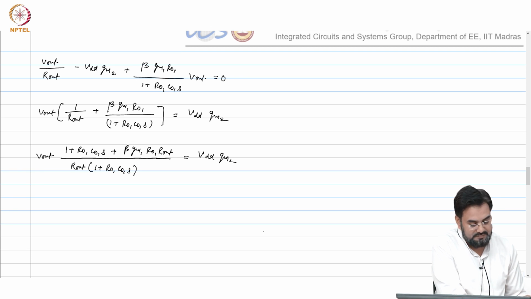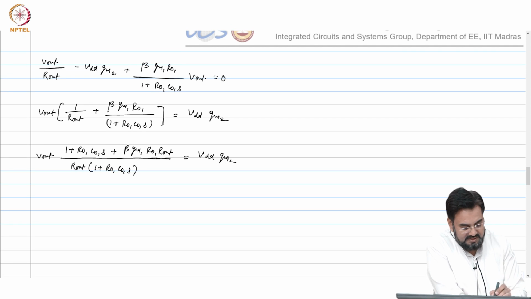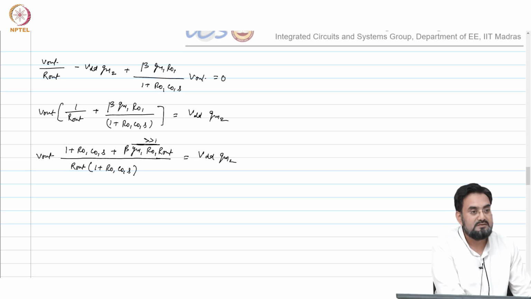Okay. So this term is large, this term is much greater than 1. So we can ignore 1 from the numerator.